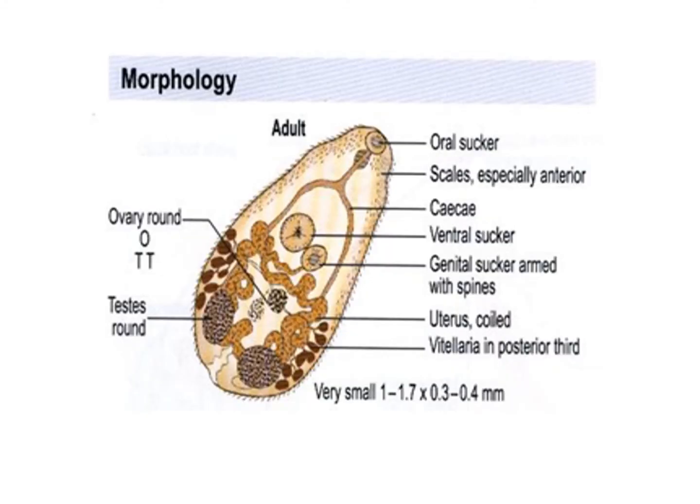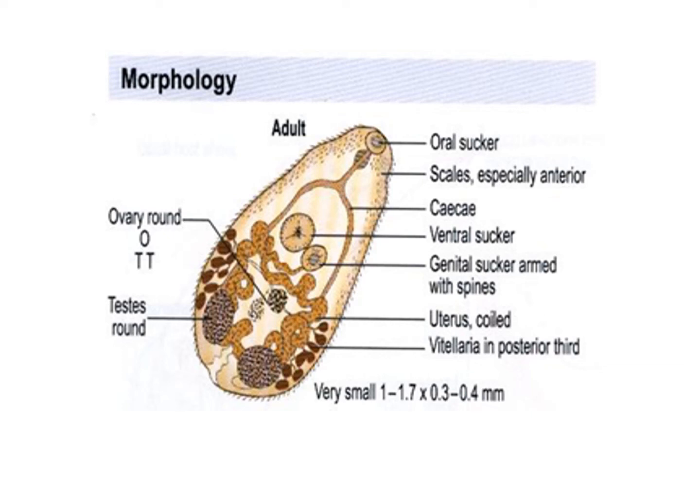Now here is the morphological feature of the adult worm, and the point here shows you the outer spines. The tegument of this worm is covered with spines, very clear. Now the oral sucker and ceca are very clear here, and there are the ventral sucker and genital sucker armed with spines.